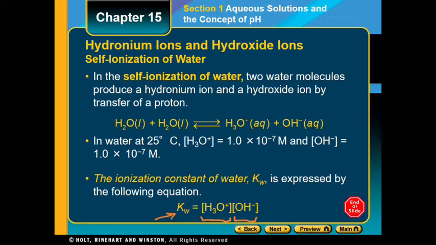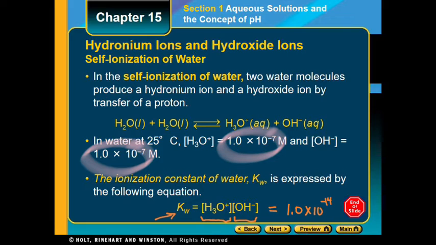If you look at both of these and you multiply them together, we are looking at 1.0 times 10 to the negative 14th molar as your ionization constant for water. That is taking 1 times 10 to the negative 7th and 1 times 10 to the negative 7th and multiplying them.